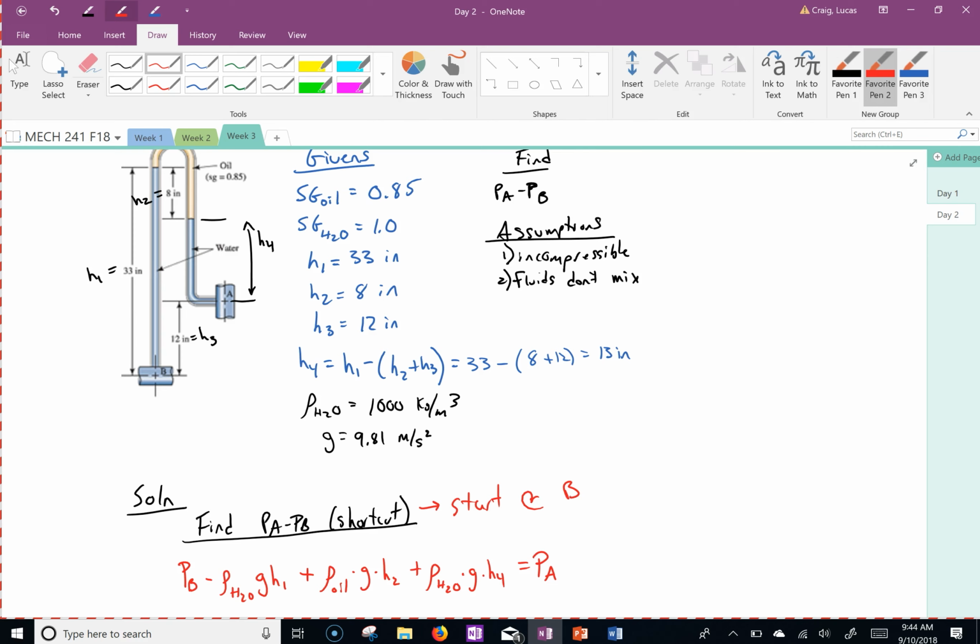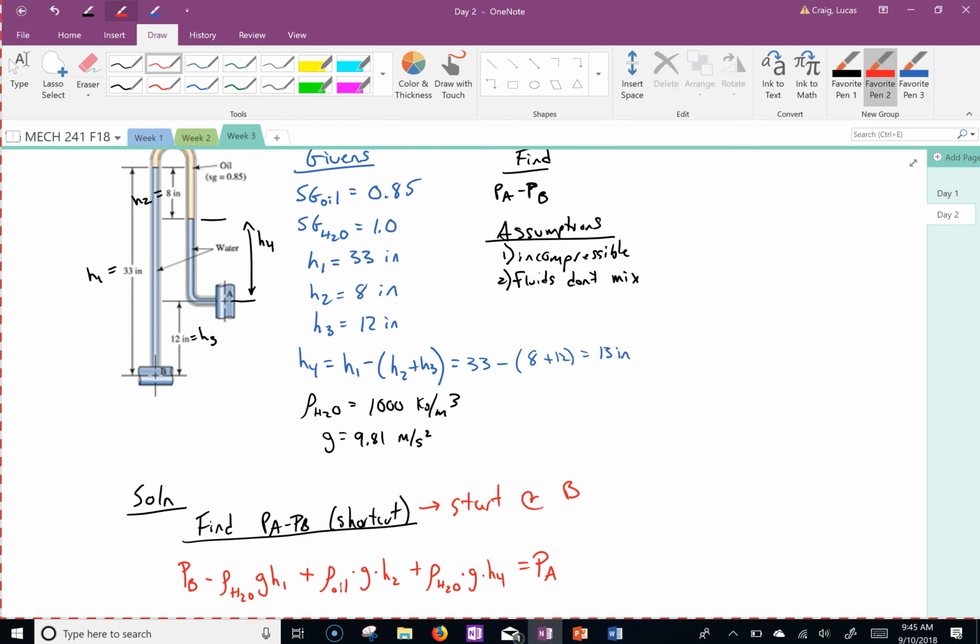Next, this is oil. That whole loop is oil. So that's the same pressure, right? Now we're going to go down the leg, so we add. Let's review again. We started at B. We went up the leg of the fluid and wrote negative rho GH. We got up here.